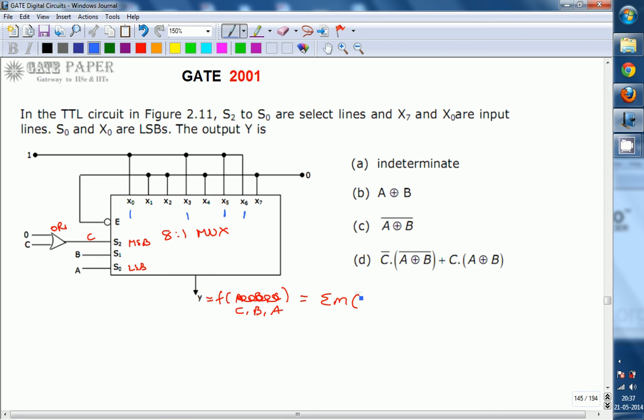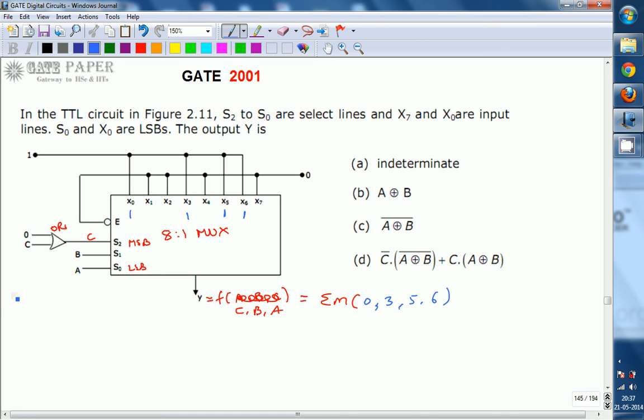So we can write it as sigma M of 0, 3, 5, 6, which is the function. Minterm 0 is 0 0 0 in terms of 3 variables.